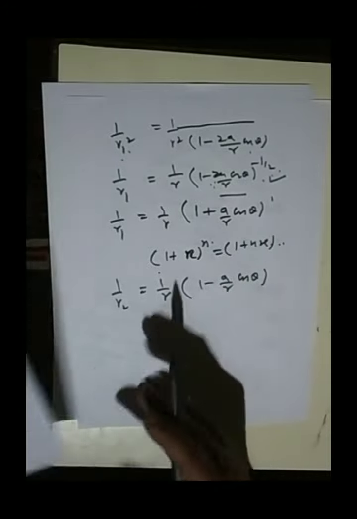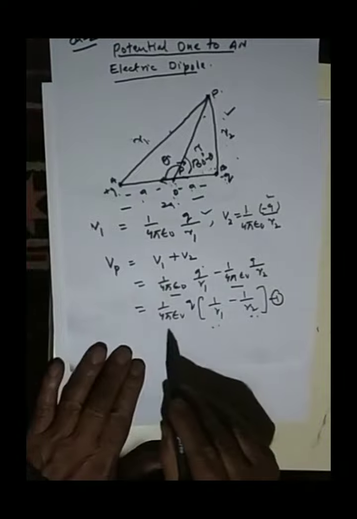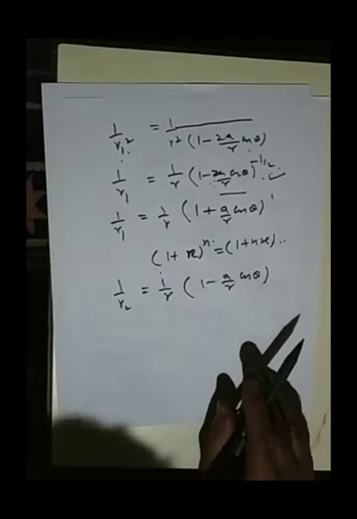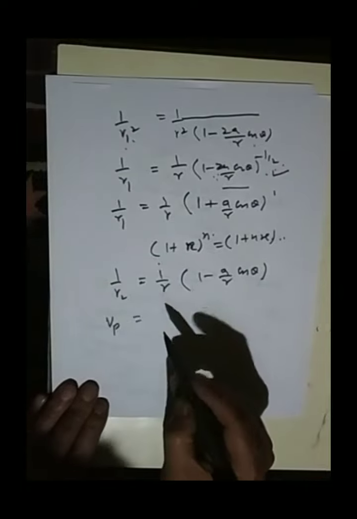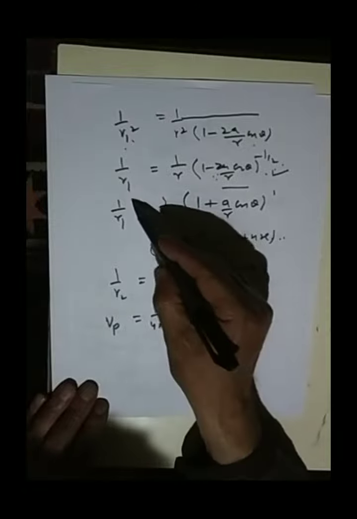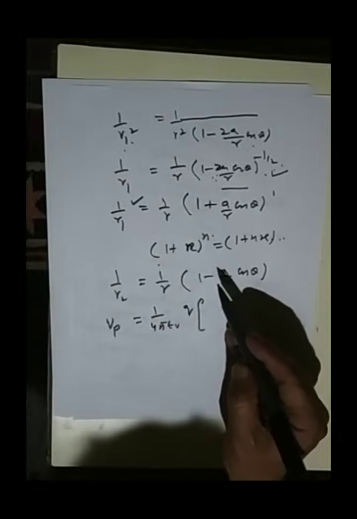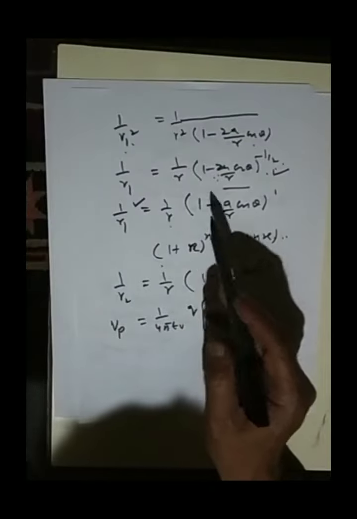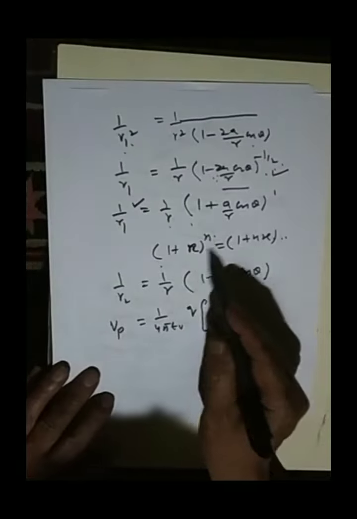Now we will substitute in the first equation the value of 1 by R1 and the value of 1 by R2. So we will get Vp, the potential at point P, equal to 1 by 4 pi epsilon 0 Q into 1 by R1 minus 1 by R2, so we put these values in their place.